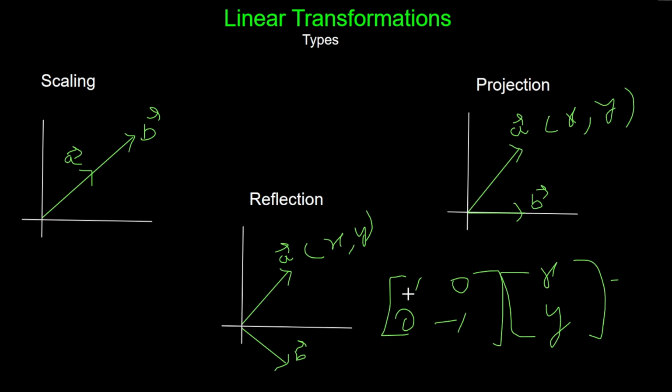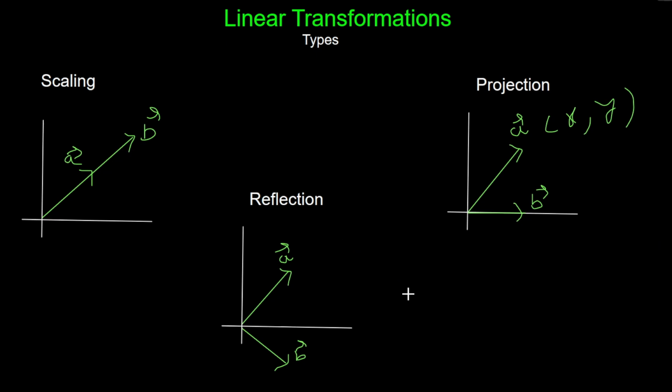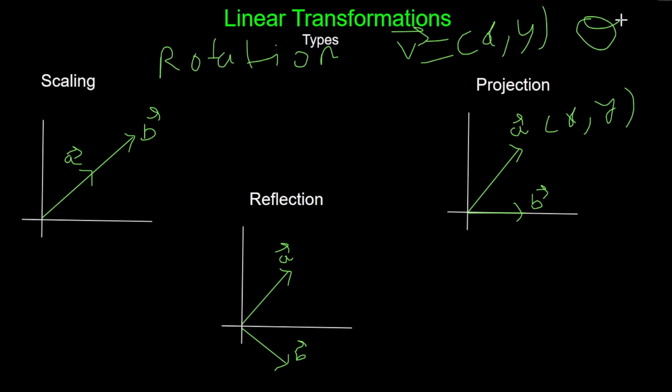So we saw the rotation before. What if we can express the rotation in form of matrix multiplication? Yes, we can do that. So let's say for rotation, there is a matrix it can be multiplied. So let's say we are rotating this vector in the vector space x comma y by an angle theta.